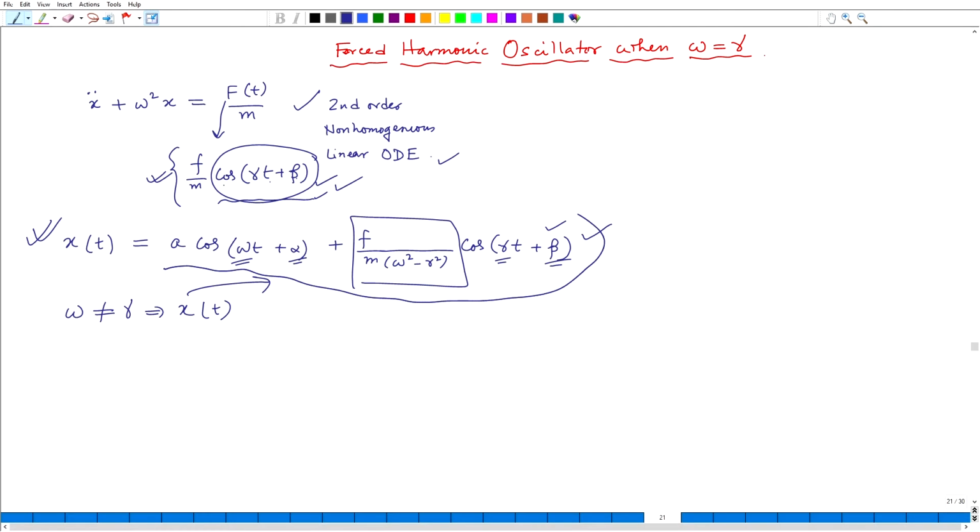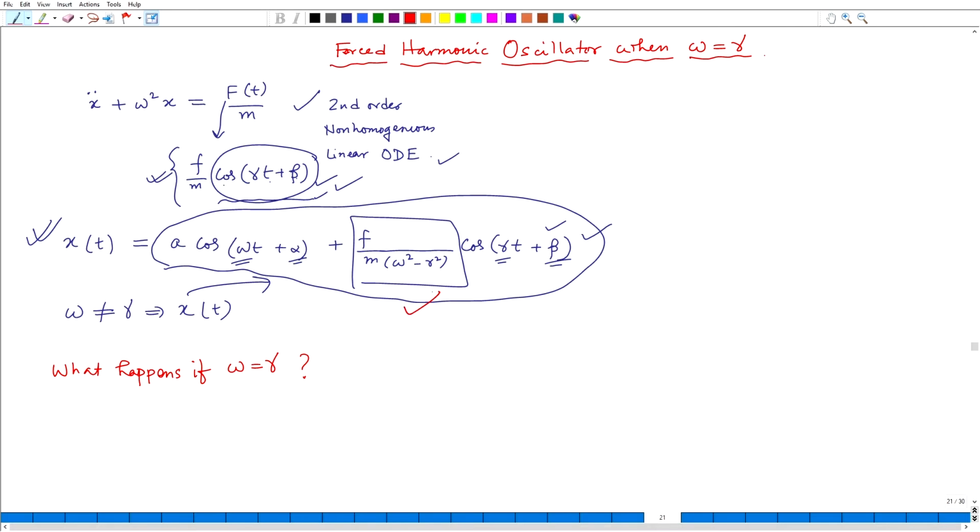Now, what happens if omega is equal to gamma?